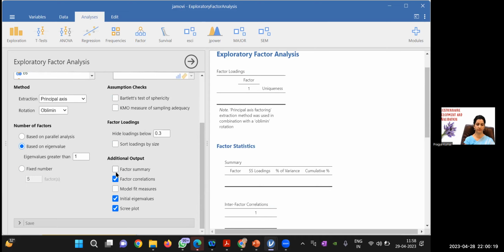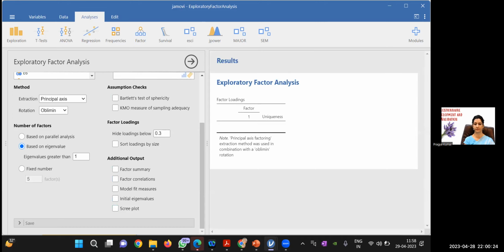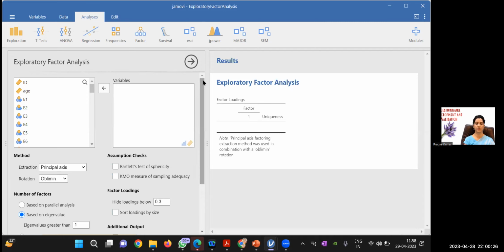Here also. Okay, so this will be the initial look when you open the exploratory factor window in JAMOVI. What I have to do is shift all these variables. So I'll select all these variables and shift them to this window.